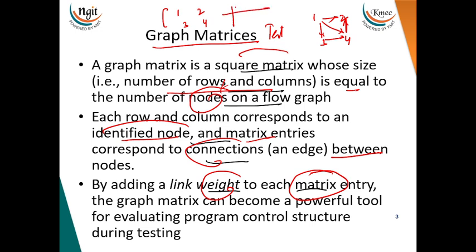Now if I go to that 1, 2, 3, 4, 1, 2, 3, 4: 1 to 1 is 0, 1 to 2 it's 1, and let's say if I give 3 weightage, then I'll put a 3 weightage here. 1 to 3, I'll give 2 weightage, 1 to 4, I'll get 6. This is how it is represented. Nodes are nothing but this matrix, correct? And the weightage is given by the links, correct? And there is a connection between them.